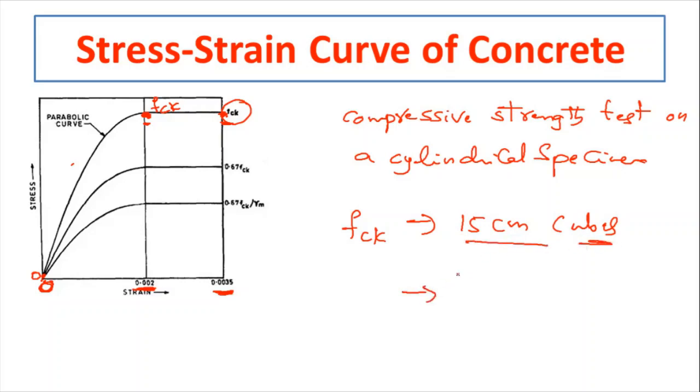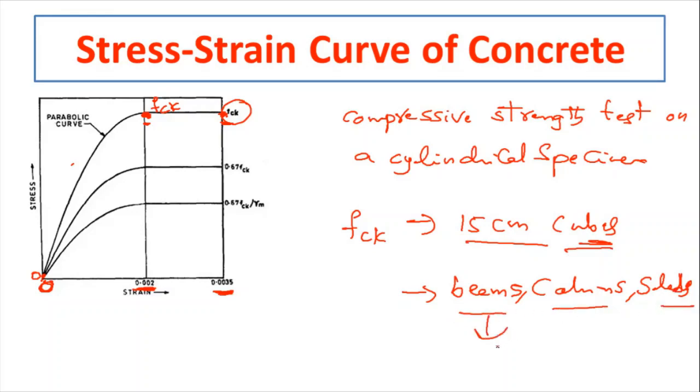What we use are beams, columns, slabs. We will use beams, columns and slabs whose slenderness ratio is high, and most of the times this slenderness ratio will be greater than 4.